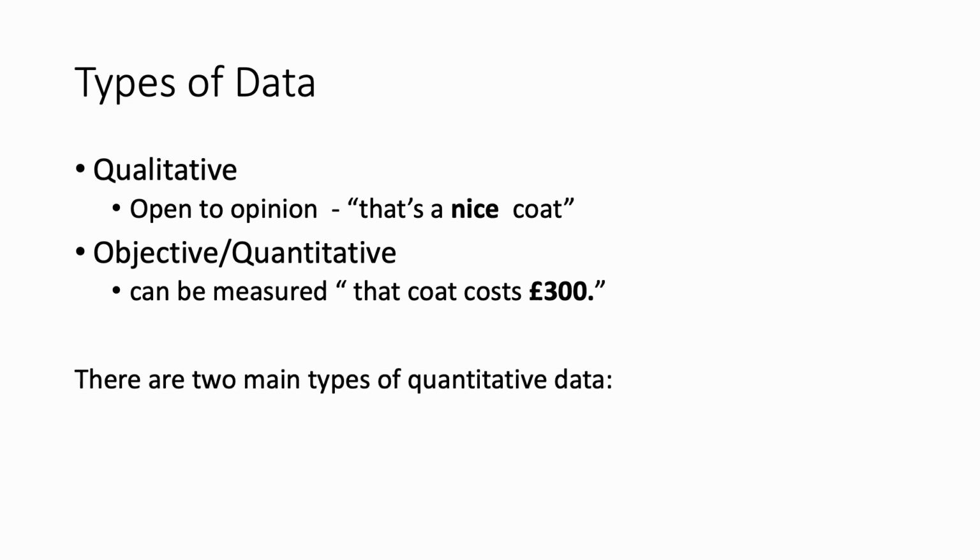Quantitative data in turn has two main types. It can be discrete and it can be continuous. In this video, we shall discuss discrete data in some detail. Discrete data takes only exact values.